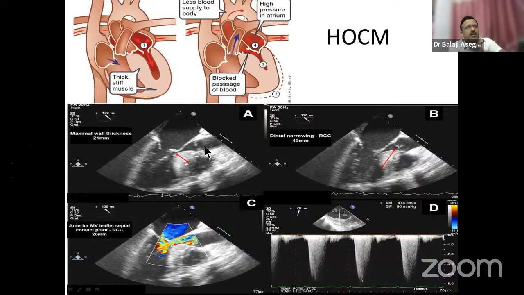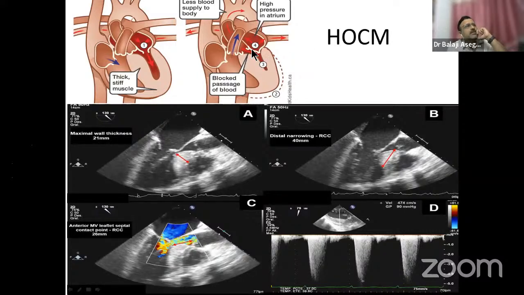And as the rate increases, as stress increases, or if you start inotropes, these patients can ultimately have decreased ejection from the heart, and so sudden deaths are very common in patients with hypertrophic obstructive cardiomyopathy.